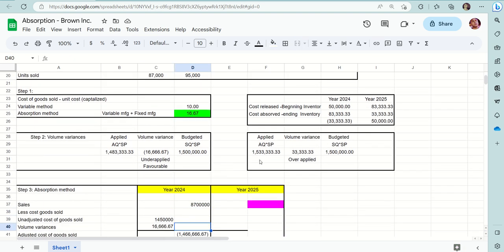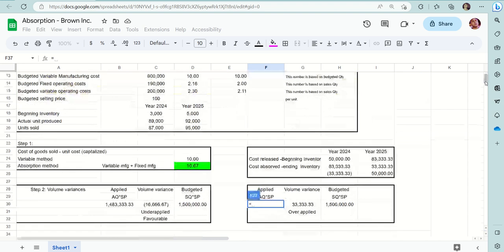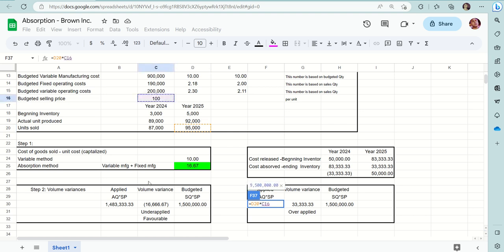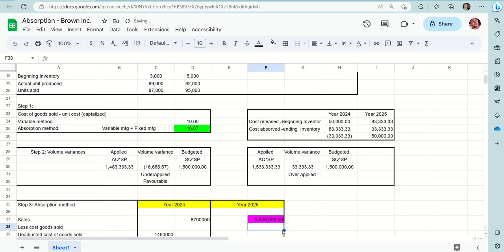So now the sales amount would be different. How? Because we sold 95,000 multiplied by the selling price, $100. I apologize, 95,000 multiplied by 100 would give you 9,500,000, highlighted in magenta.